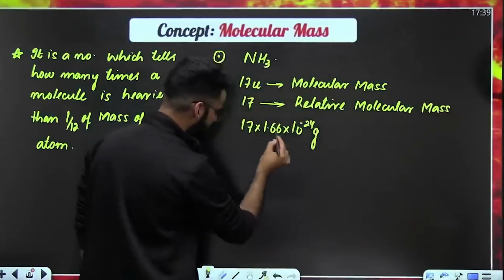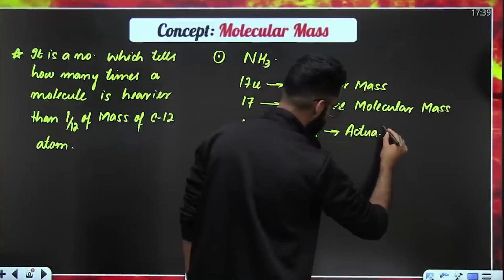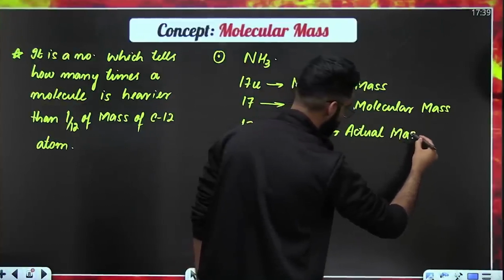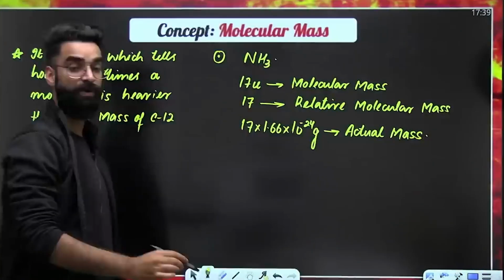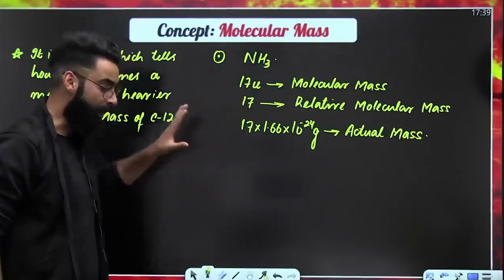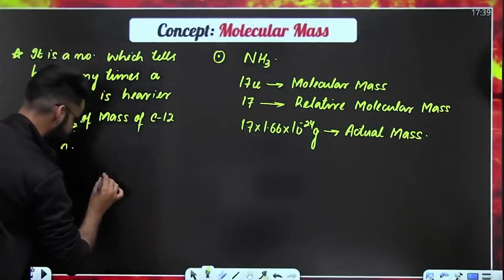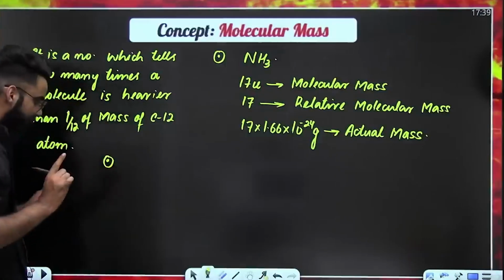And this last term, I will be calling the actual mass of NH3. I hope all these three terminologies are clear to you. Now, you have to tell me the answer of one simple question.